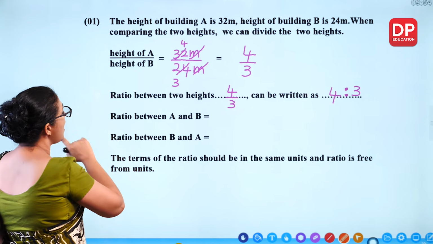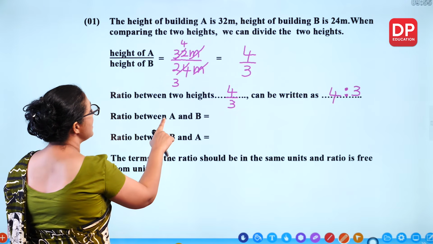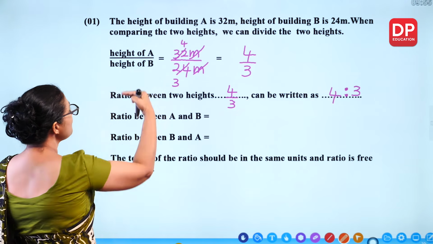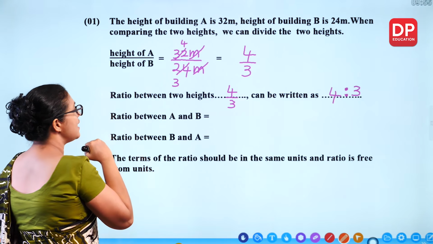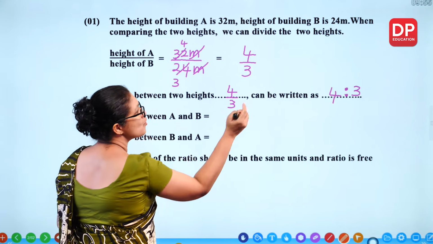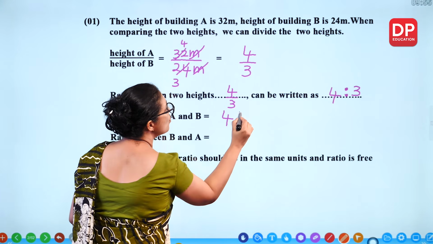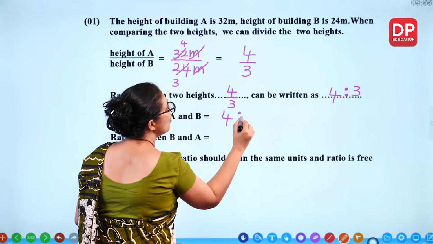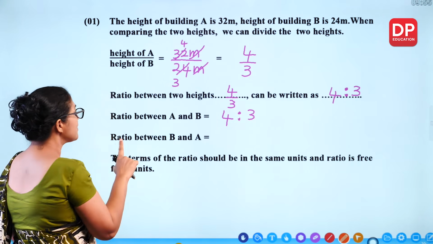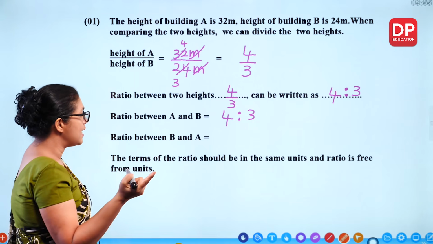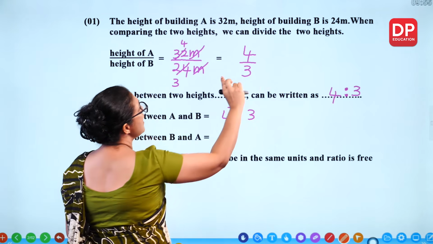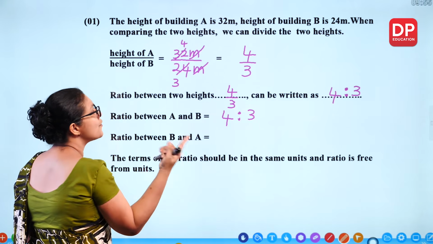So if I ask what's the ratio between A and B, A first and B second, you can write 4 to 3. What's the ratio between B and A? B first. So then this becomes 3 to 4.